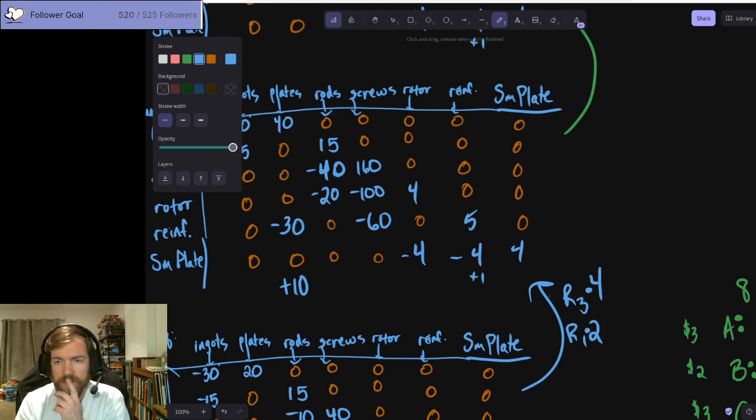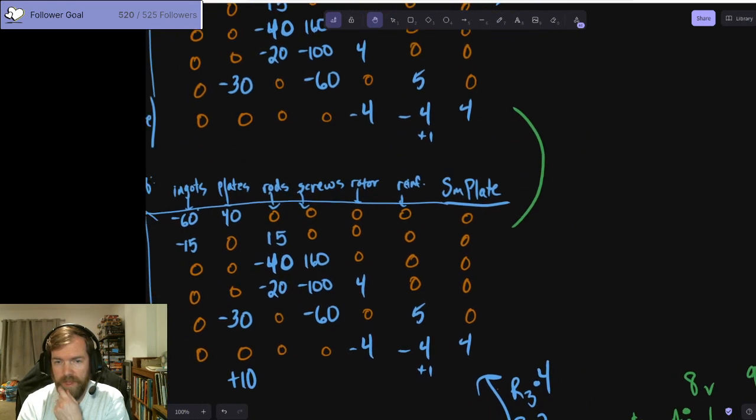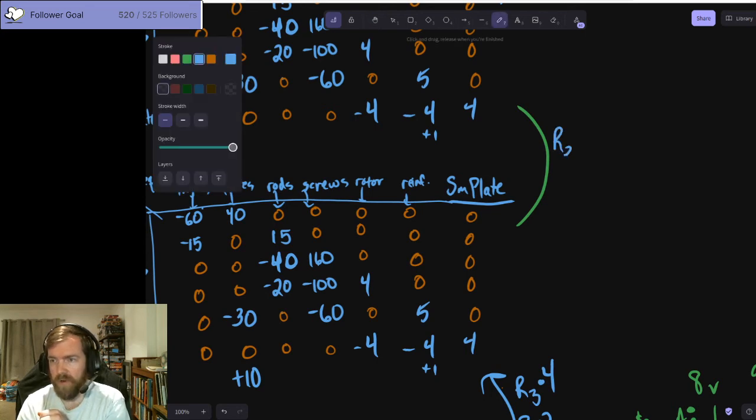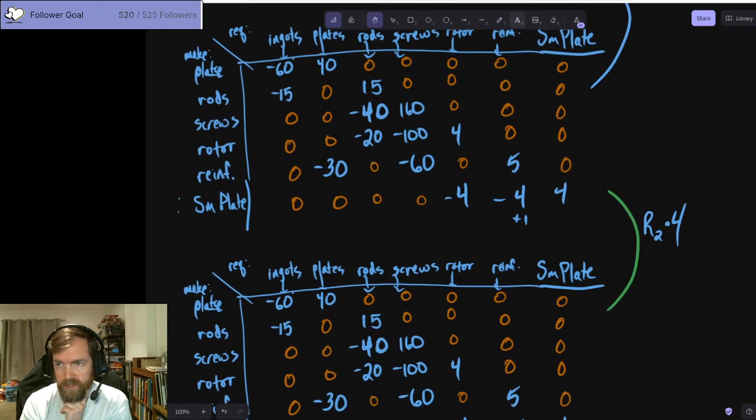And then we need to change rods, which are minus 60, so we need to multiply by 4. We need to multiply row 2 by 4. So then that's going to become 60, 60.